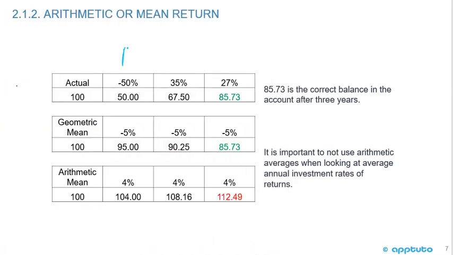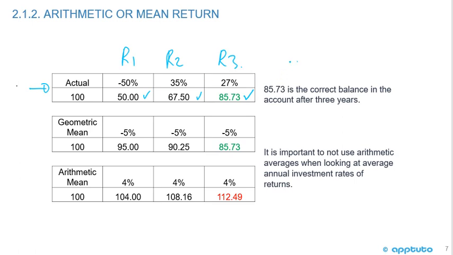So if we just work through this example, we put return 1, return 2, and return 3 here: if we started with $100 and you had a negative return of 50%, you'd have $50. And then in the second period, if you had a 35% return, you'd have $67.50. And at the end of the third period with a 27% return, you'd have 85.73.